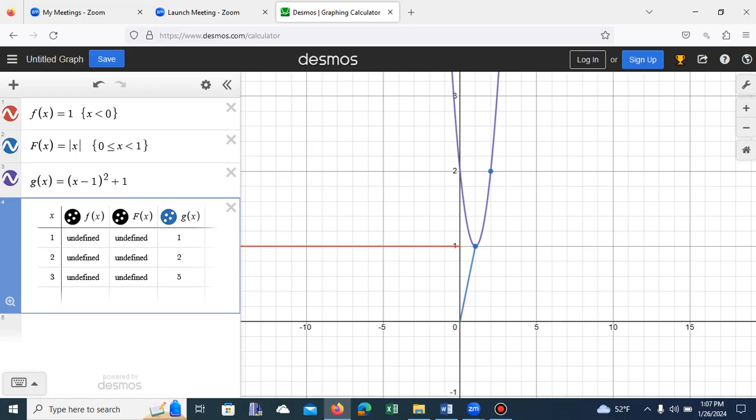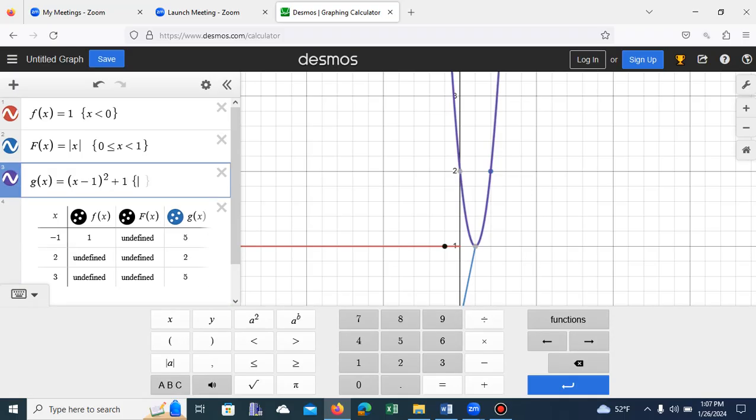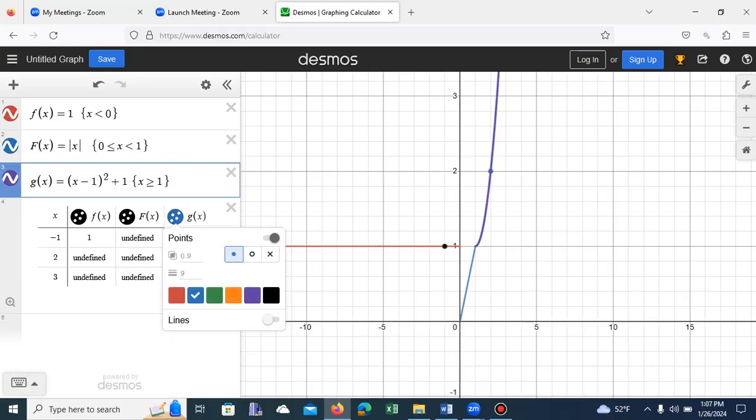All right, so we can look at different points on this. So we can look at negative 1. We see it's defined here in f of x as 1. Oh, I didn't do that. I gotta finish this up. X greater than or equal to, wait, yeah.